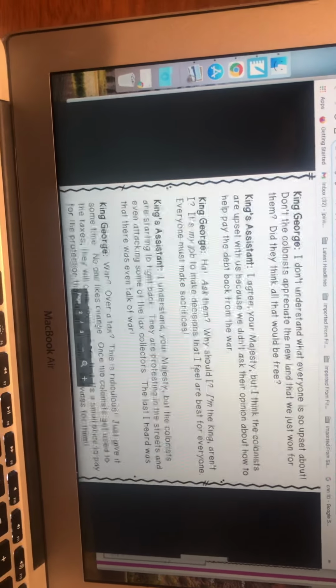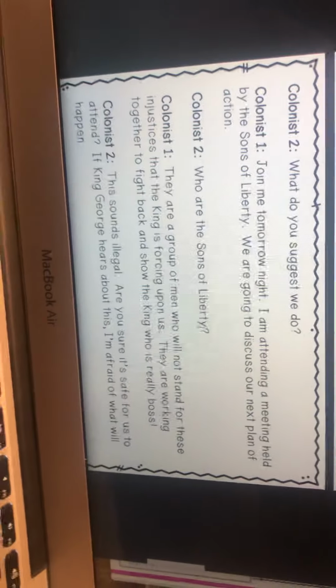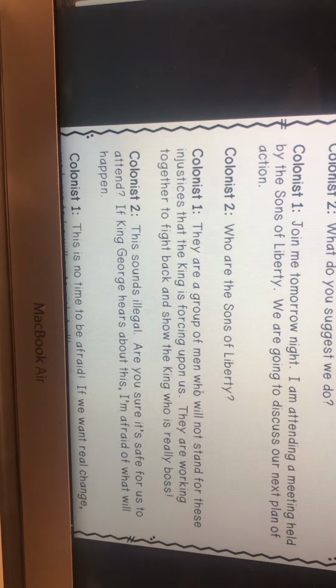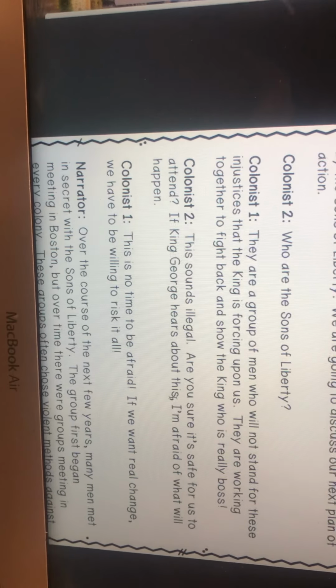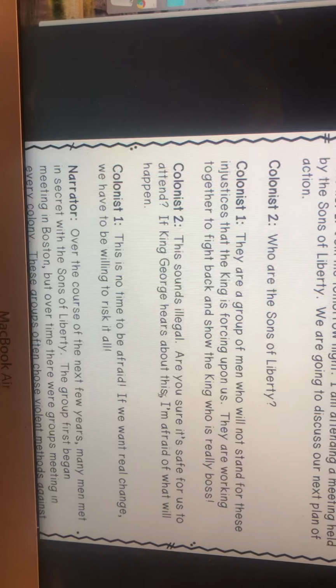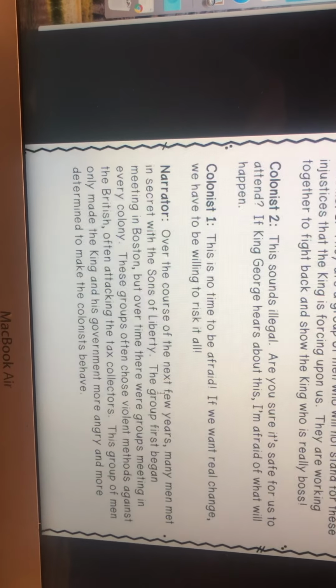I would like to mention that they will talk about the Sons of Liberty. I'm going to read this out for you. "Join me tomorrow night. I'm attending a meeting held by the Sons of Liberty, who are going to discuss our next plan of action. Who are the Sons of Liberty? They are a group of men who will not stand for these injustices that the king is forcing upon us. They are working together to fight back and show the king who is really boss."